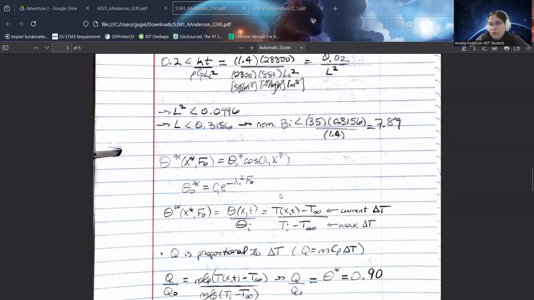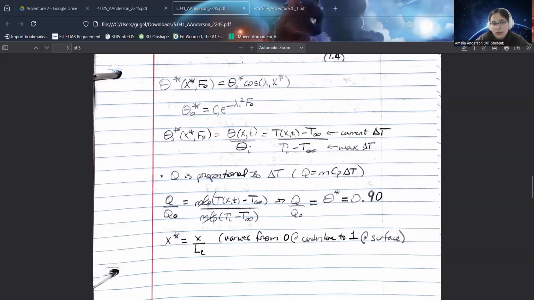Because we're assuming Fourier number is greater than 0.2, we're going to immediately jump to the first term approximation. Don't get me wrong, I like BVPs as much as anyone. So what we're going to do here is theta star of x star, Fourier is going to be this first term approximation, where theta naught star is a constant times e to the negative lambda 1 squared Fourier.